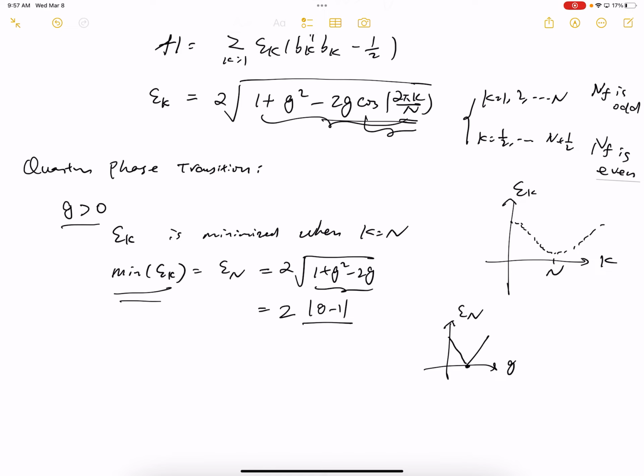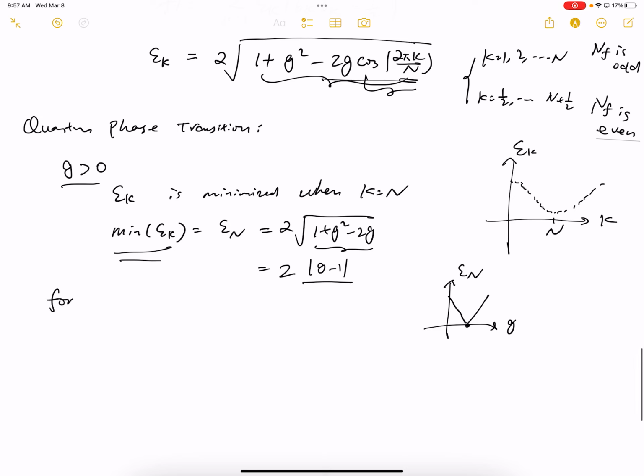And since here the energy is going to be at least 0, you're basically going to get a vacuum state in the ground state, except when g is equal to 1. If g is equal to 1, then you actually get a zero energy mode, which you can either have 1 fermion there or 0 fermion there. So this is kind of related to the degeneracy we talked about. But other than that, you are just going to get a vacuum state.